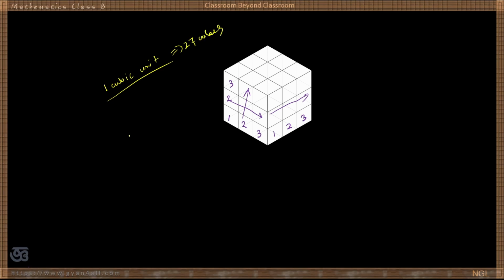So if we consider 3 unit multiplied by 3 unit multiplied by 3 unit, length, breadth and height, it becomes 27 cubic units, the total volume of the whole cube.